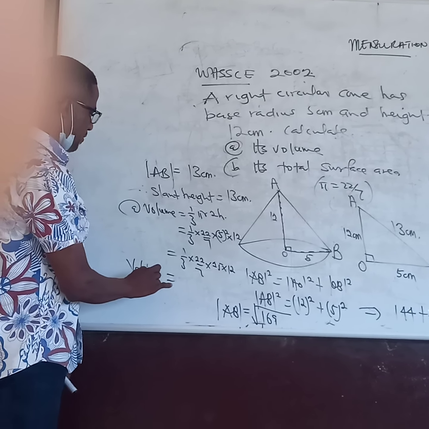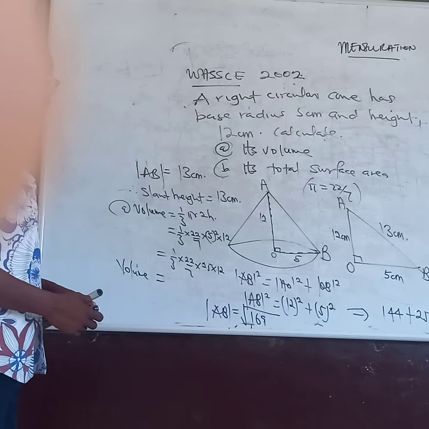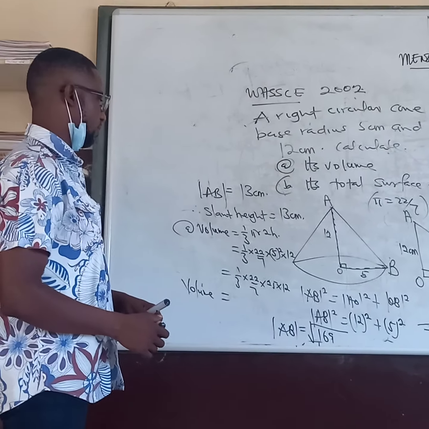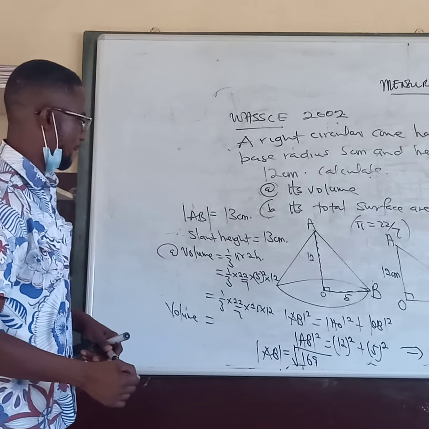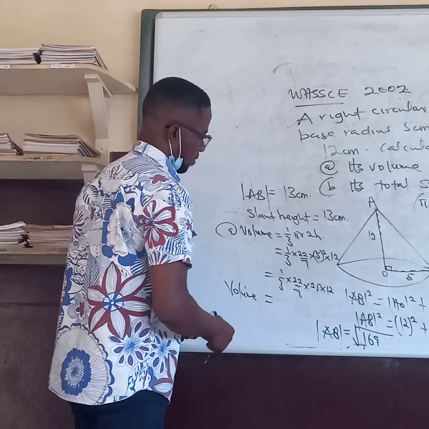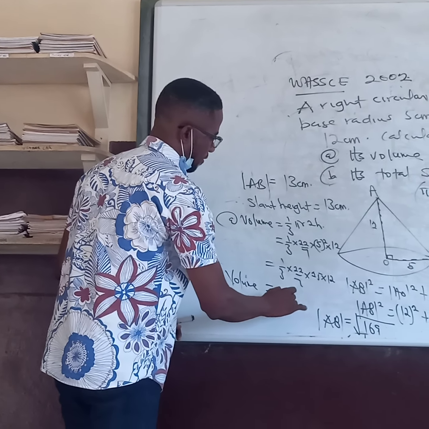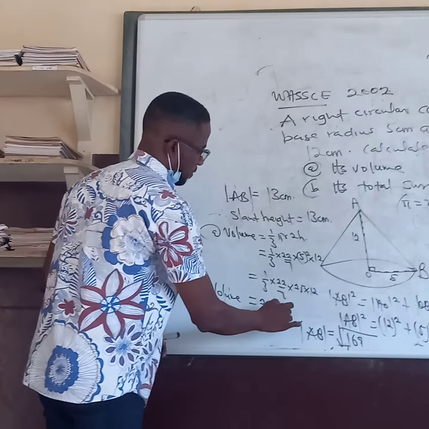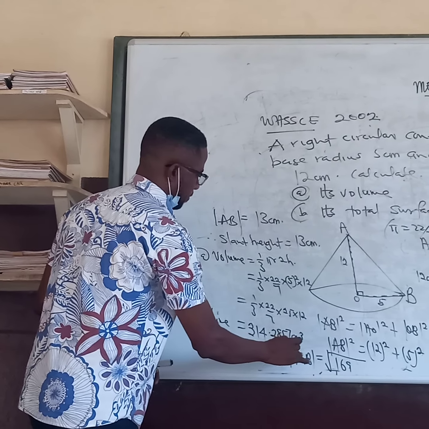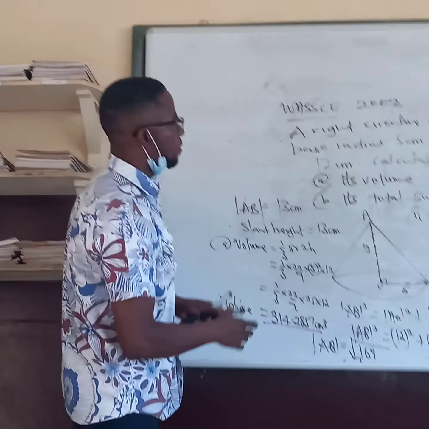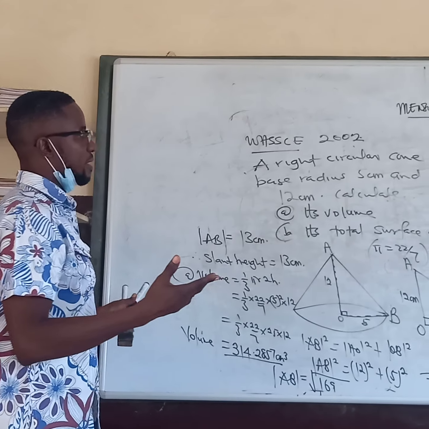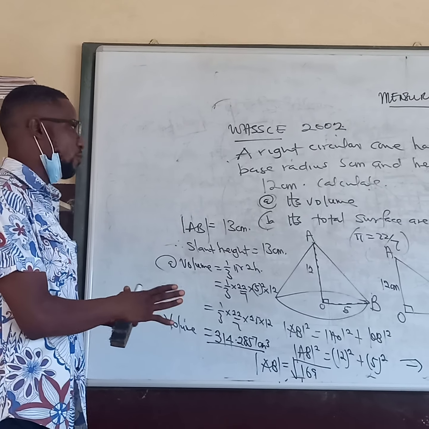Do it direct. 1/3 times 22/7 times 25 times 12 gives 314.28571 centimeters cube. We were not given any specific number of decimal places or significant figures to approximate.